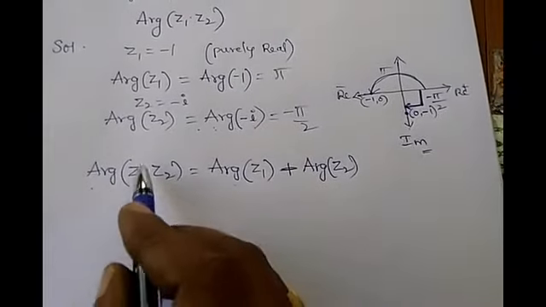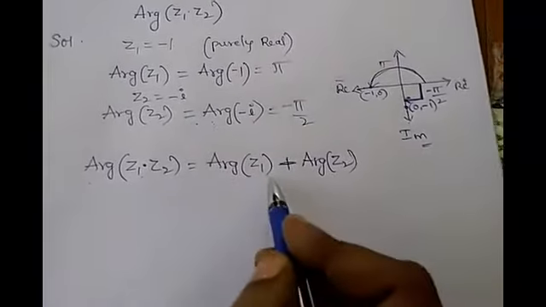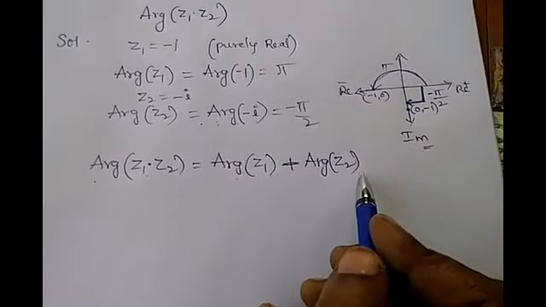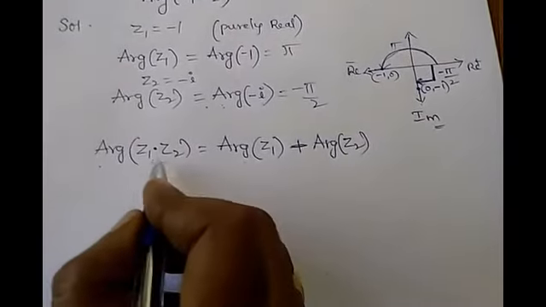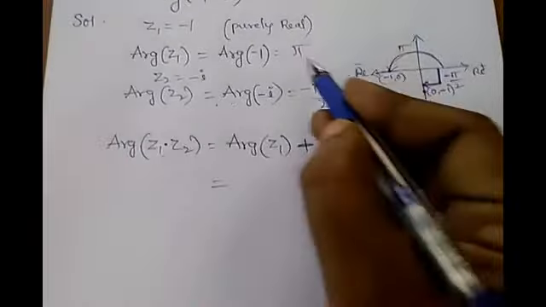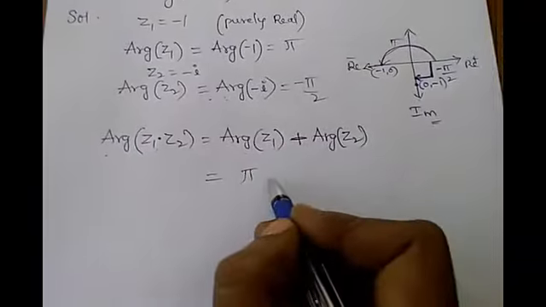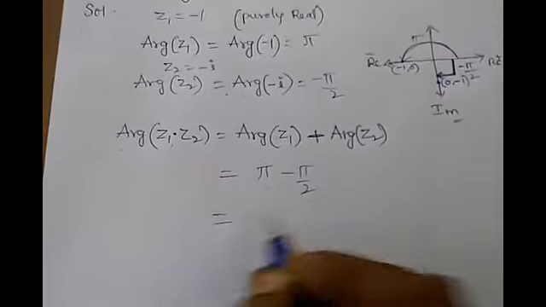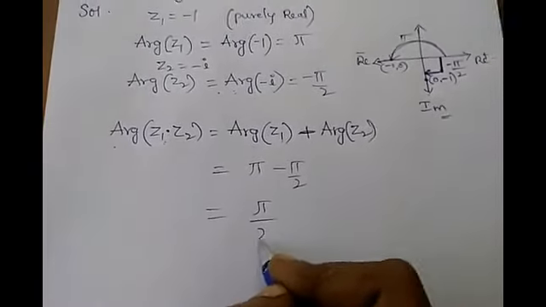Here we had argument of Z1 by Z2, so it was argument of Z1 minus argument of Z2. Argument of Z1 into Z2 is argument of Z1 plus argument of Z2. So argument of Z1 is pi, and argument of Z2 is minus pi by 2. So pi minus pi by 2 gives pi by 2. Okay.